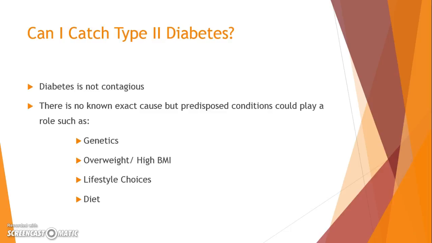So every year when I go to the doctor, they like to just check and make sure everything's okay. If you're overweight and have a high BMI, you're at a greater risk for acquiring type 2 diabetes. Again, lifestyle choices. If you eat a lot of takeout, a lot of fast food, your diet is high in saturated fats and sugars, this can definitely lead to type 2 diabetes.